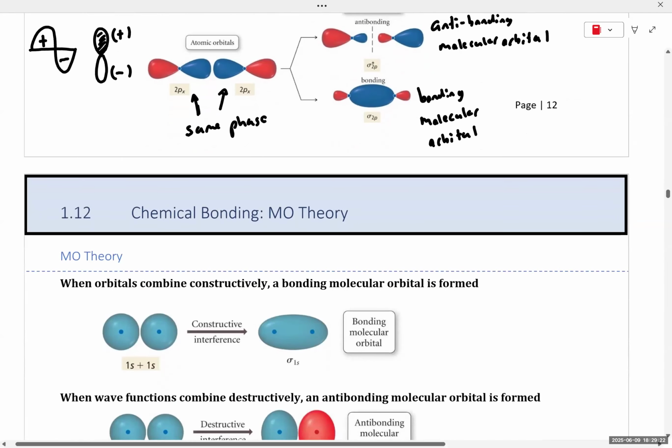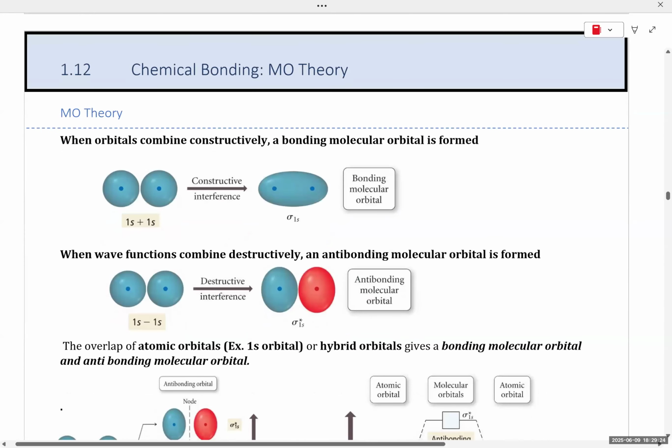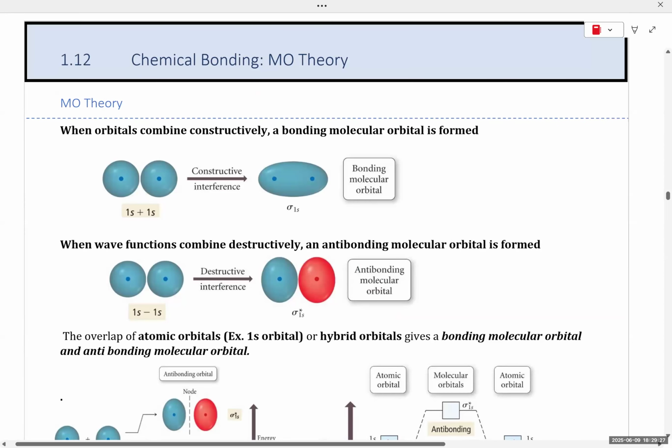Okay, we're now going to begin to describe chemical bonding using MO theory, molecular orbital theory. So when orbitals combine constructively, a bonding molecular orbital is formed. So if we take these hydrogen 1s orbitals and overlap them constructively, we get a bonding molecular orbital.